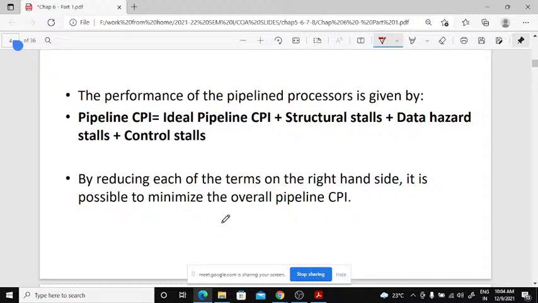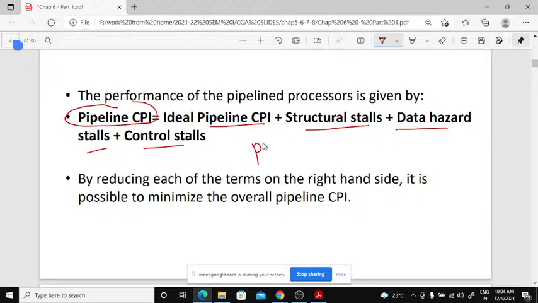The performance of a pipelined processor is given by the pipeline cycles per instruction, which equals the ideal pipeline CPI plus the stalls that occur at different stages.